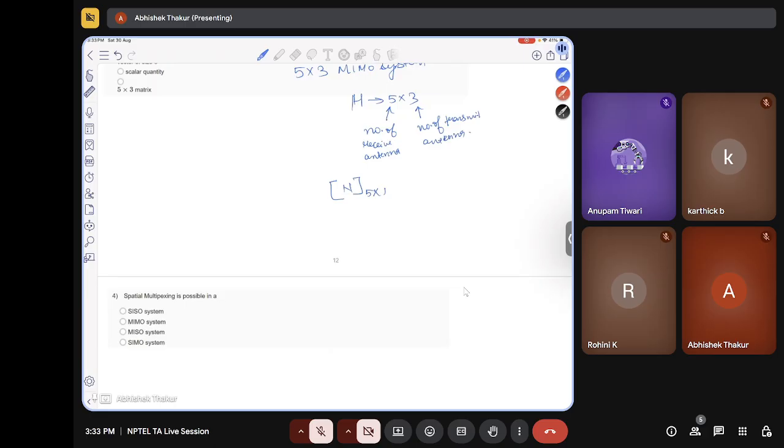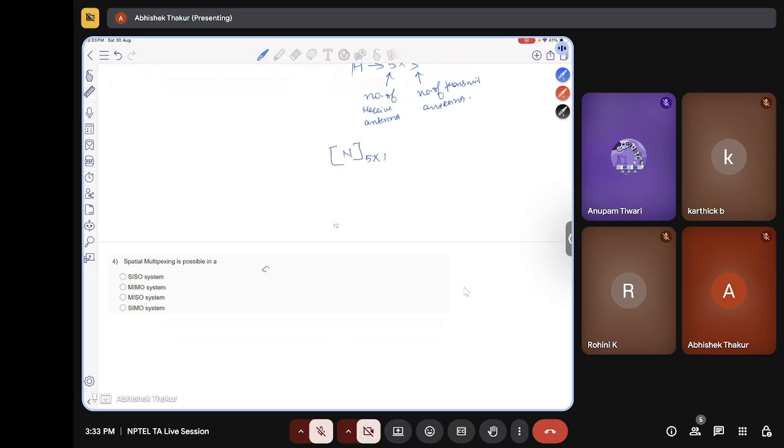Spatial multiplexing is possible in a MIMO system. So what is spatial multiplexing? There are different data pipes between the transmitter and the receiver end. Here you can see this is our transmitter and this is our receiver. The symbols are transmitted through different data pipes.